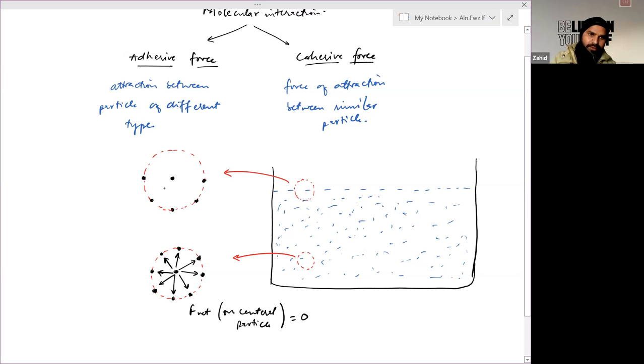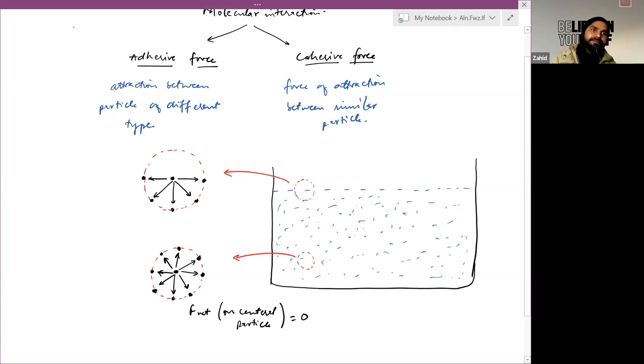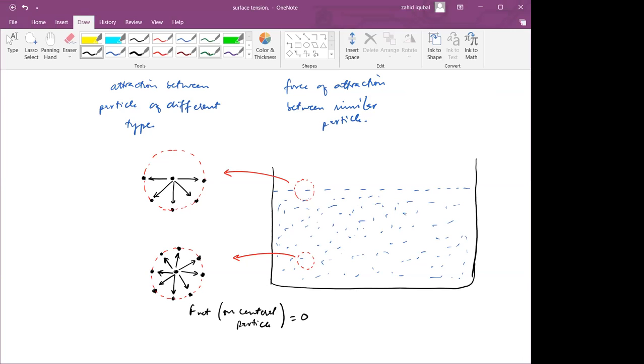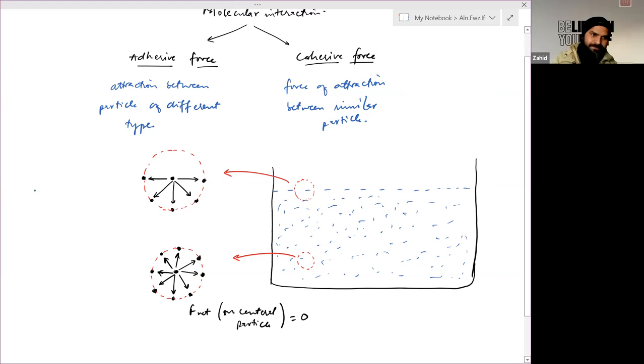All will exert cohesive force towards themselves, like this. So if you calculate the net force on this particular central particle in this case, will it be 0 or something else? It will not be 0. Good. So we can say F net at the central particle in this case will not be equal to 0.